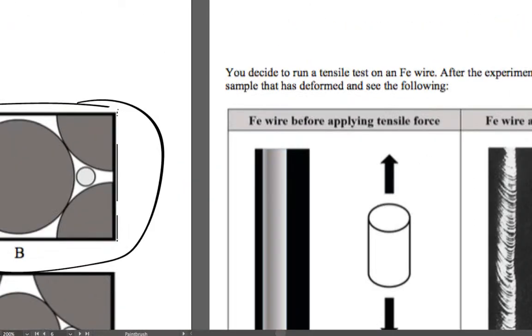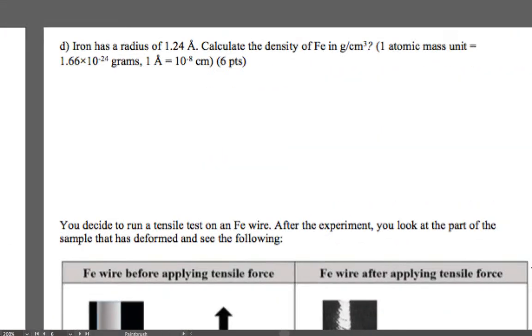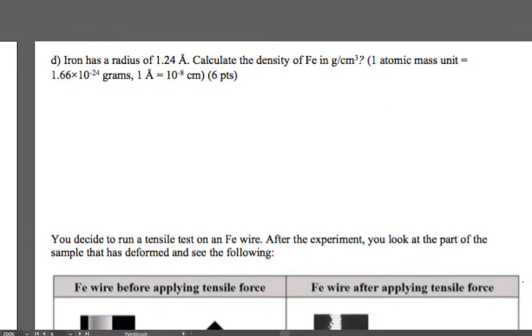Okay, so now let's go to D. Iron has a radius of 1.24 angstroms. Calculate the density of iron in grams per centimeter cubed. Okay, we need to start calculating some stuff.